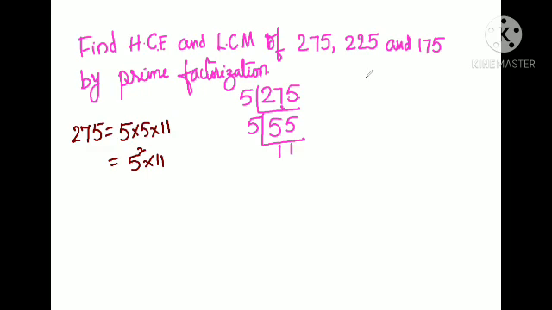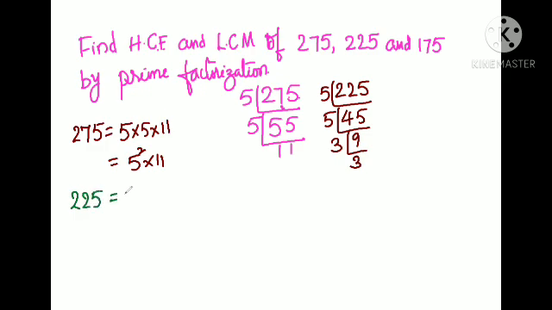Now take 225. 5 4 ja 20, 5 5 ja 25, 5 9 ja 45. Now take 3, 3 3 ja 9. So 225 can be written as 5 square, 5 two times, into 3 square, 3 two times.